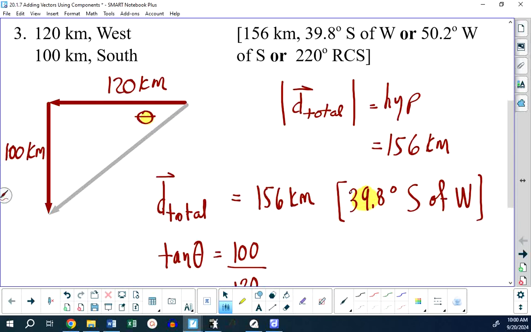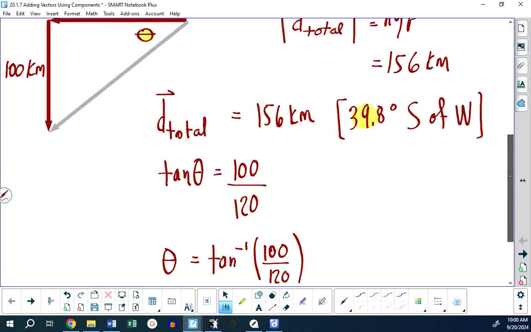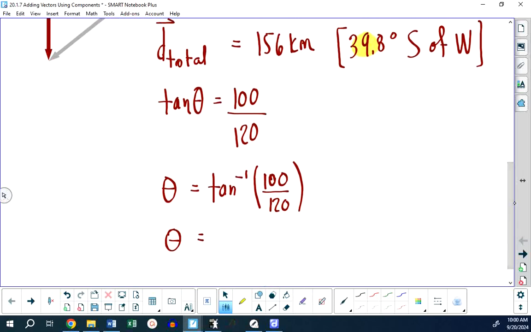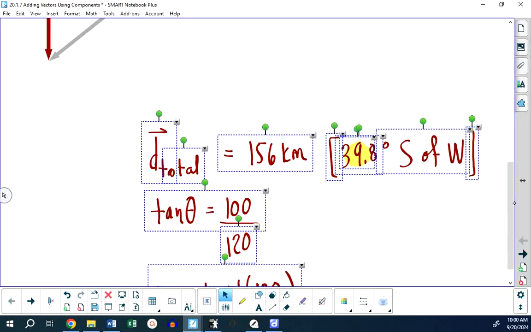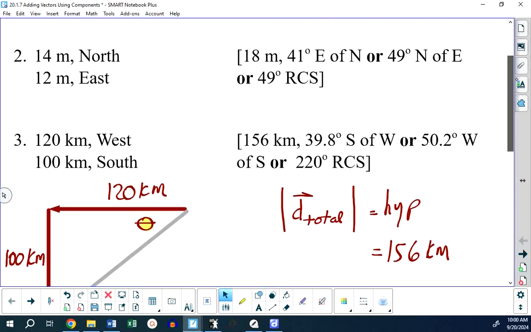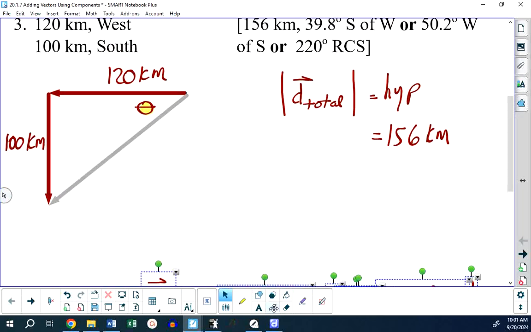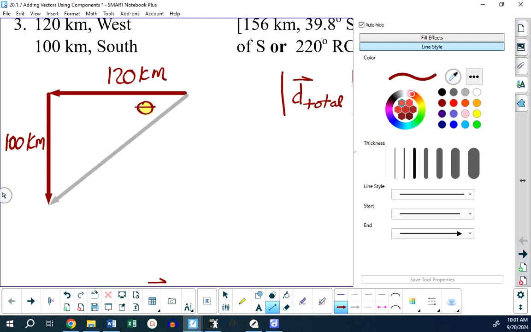Rather than writing 39.8 south of west, I'm going to, on this diagram here for you, show you using blue arrows what your diagram would have looked like if you drew vertical first.